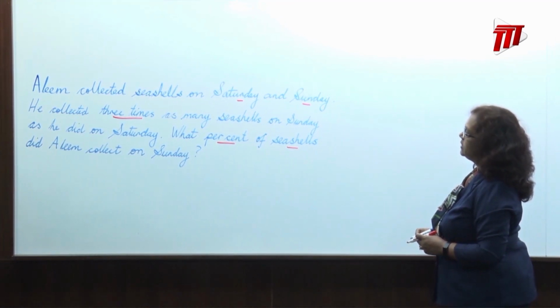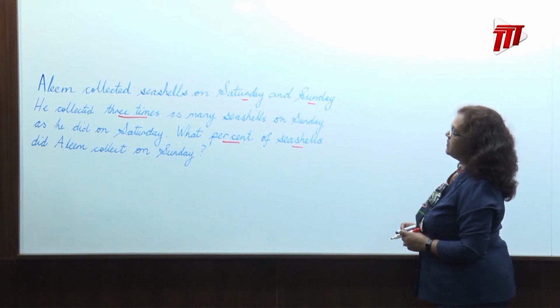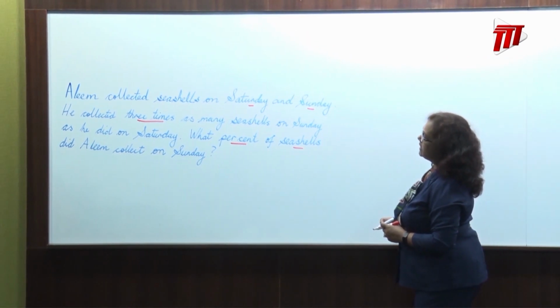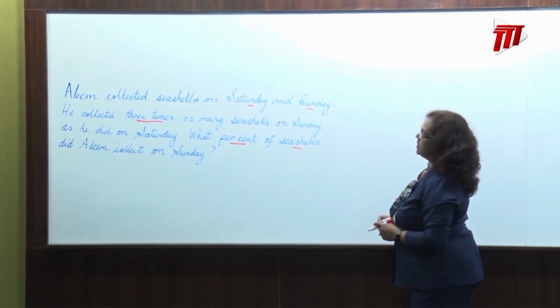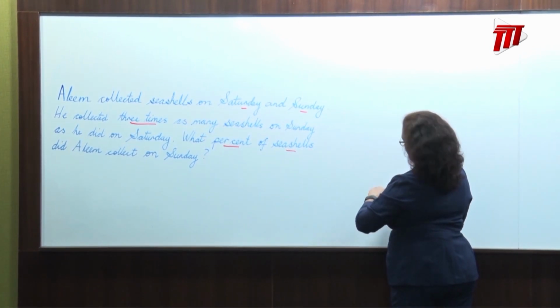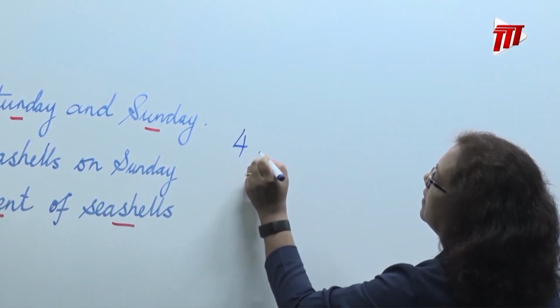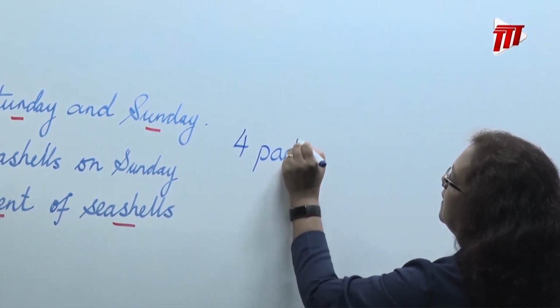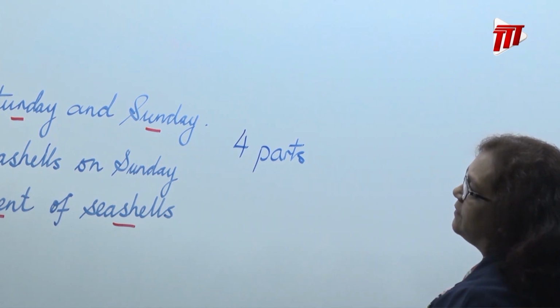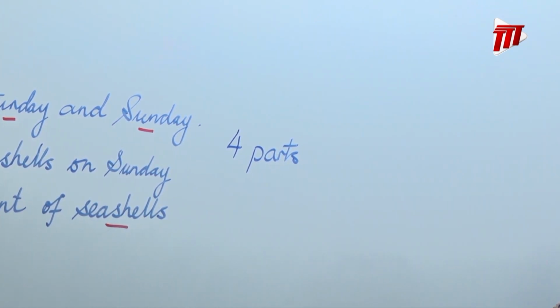So on Sunday he collected 3 times as many. So altogether for Saturday and Sunday there are 4 parts. Remember, we want to identify the whole and the parts. So we have 4 parts.